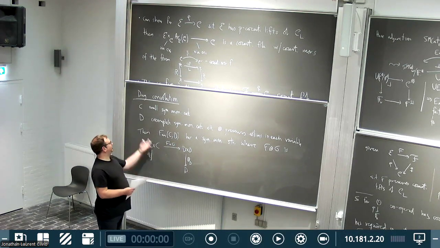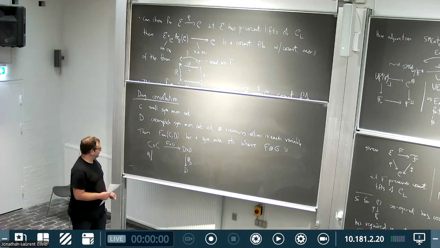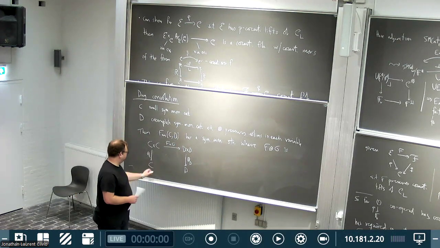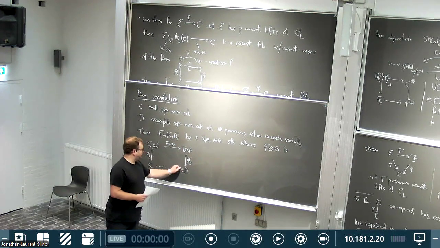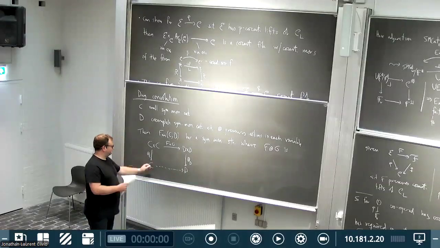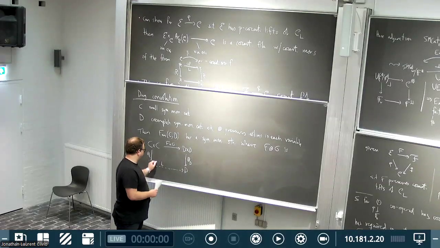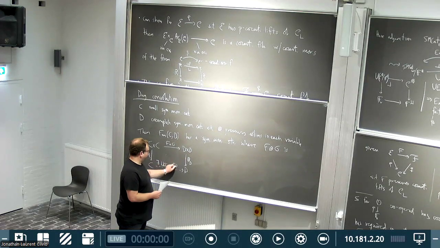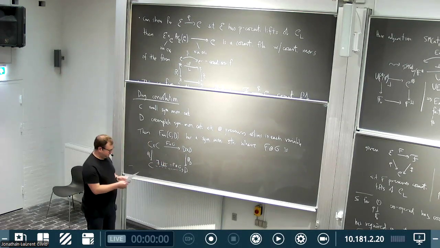And then the fact that D had all these colimits tells me that I can take the left Kan extension of this composite along the tensor product. And that's what gives me my tensor product of the functors.